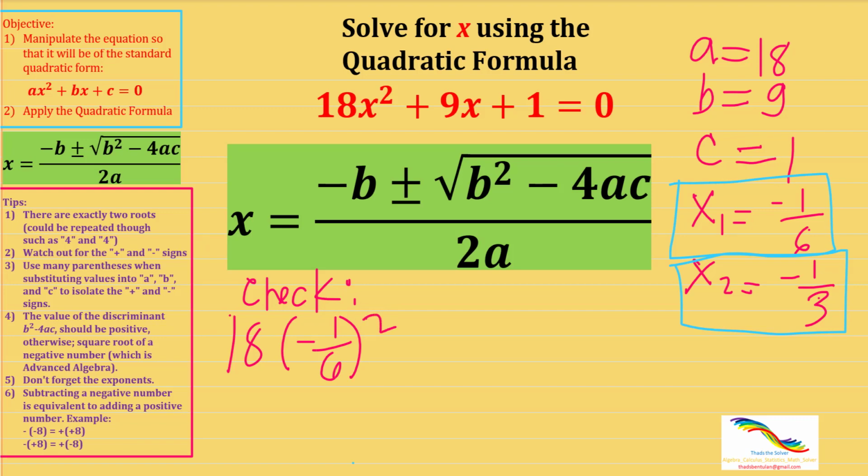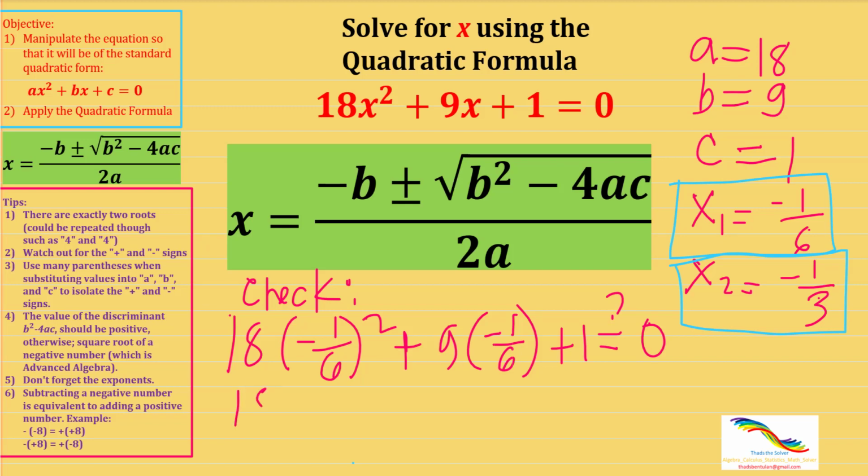Remember the parenthesis there. Plus 9 times negative 1 over 6 plus 1. Is that equal to 0? Let's simplify.